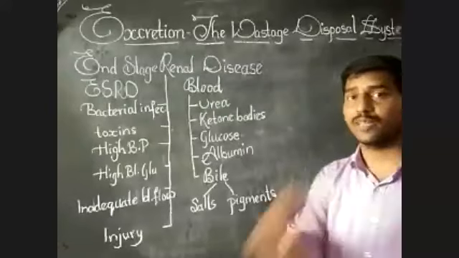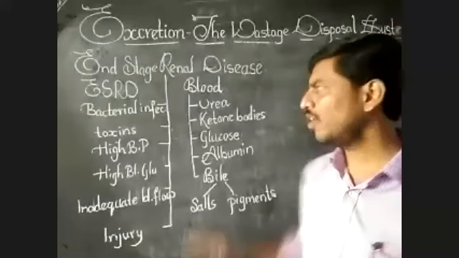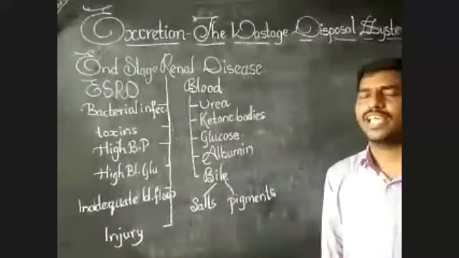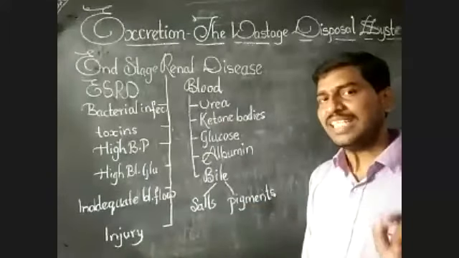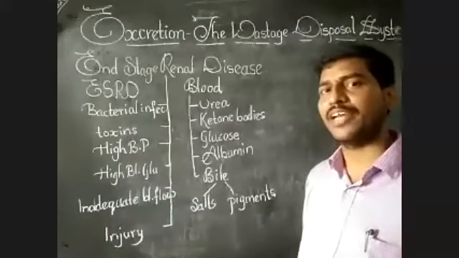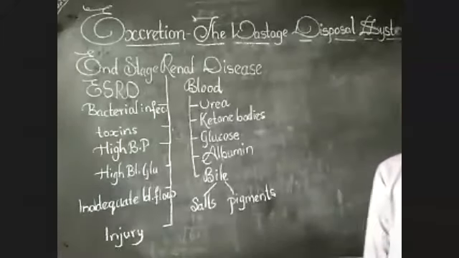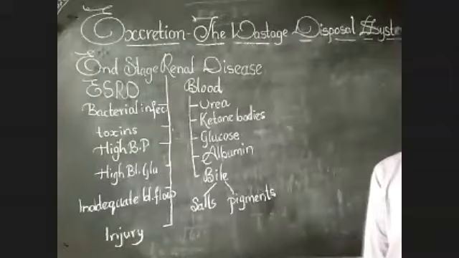Now, among all these, what is the principal nitrogenous waste material present in the blood? Definitely it is urea.